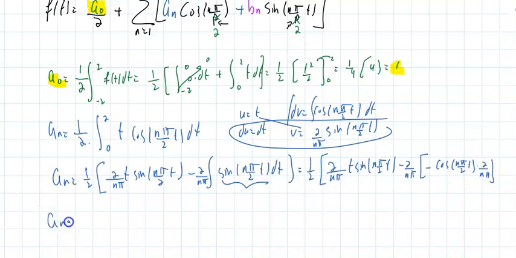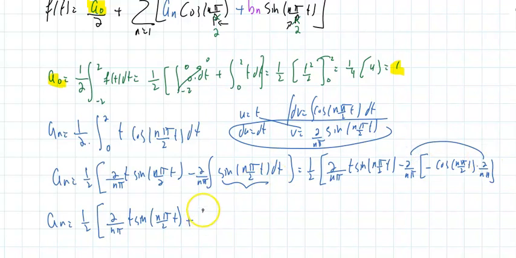So a sub n is actually 1/2 times 2 over n pi t the sine of n pi over 2 t plus, multiply those, that is 4 over n pi squared, the cosine of n pi over 2 t, and those are evaluated from 0 to 2.